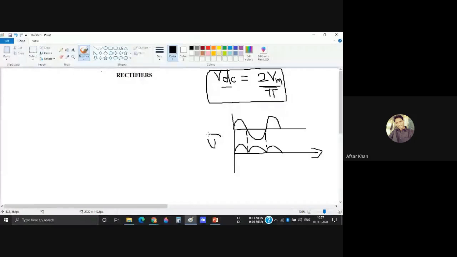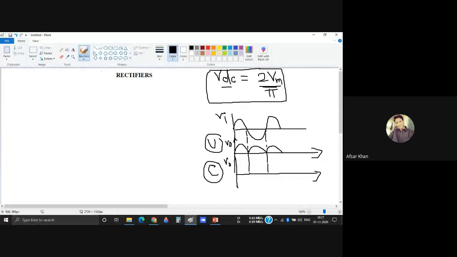Now, if I use a controlled rectifier, we are using a thyristor SCR. In a controlled rectifier, the output voltage waveform can be controlled. This is your VI, and this is V output, or VDC.